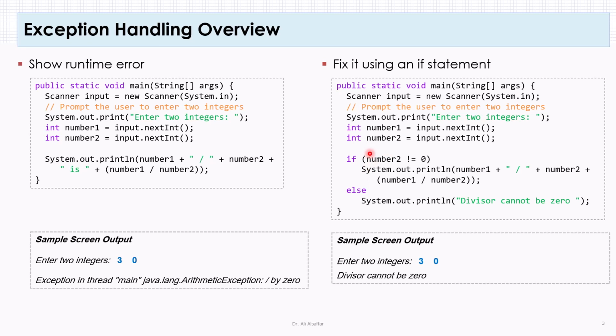Because if this error occurred in a method, then how do we notify the caller of this method about this error? A cleaner solution is to throw an exception and make the caller of this method catch this exception. Therefore, before introducing exception handling, let us rewrite this program to compute the quotient using a method.